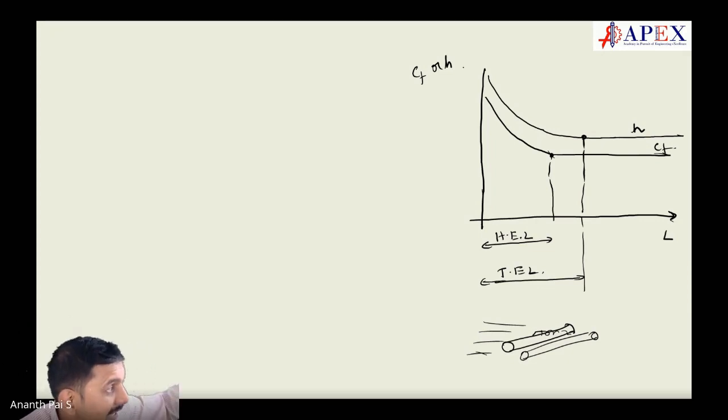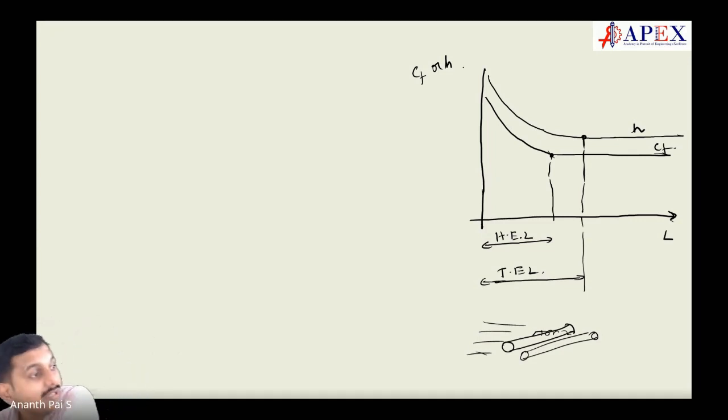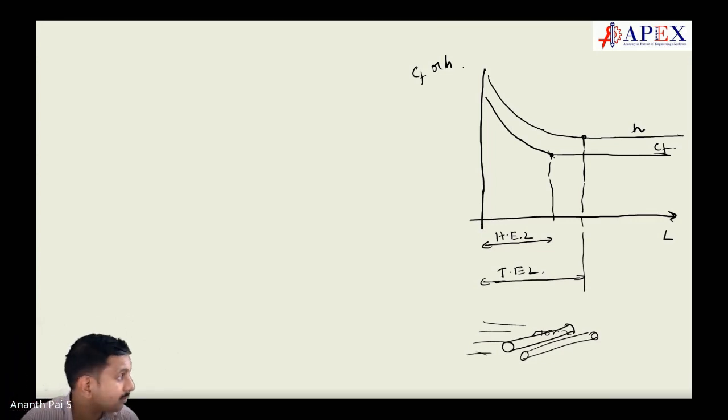Because when velocity is more, the boundary layer thickness is less. So when velocity is more, entry length is more. When velocity is less, entry length is less. Yes or no?